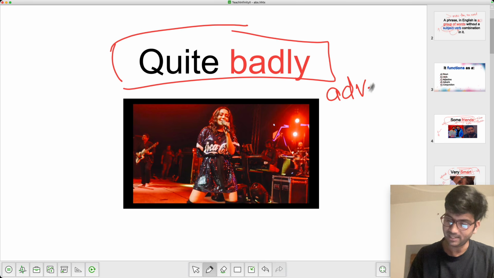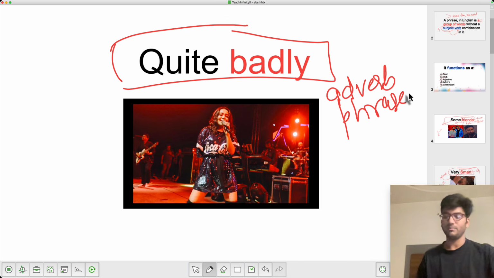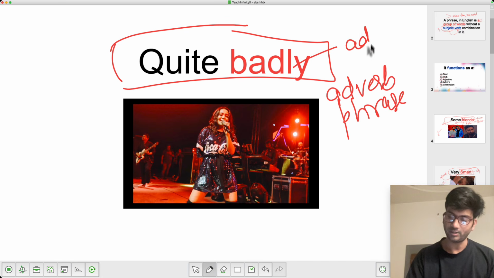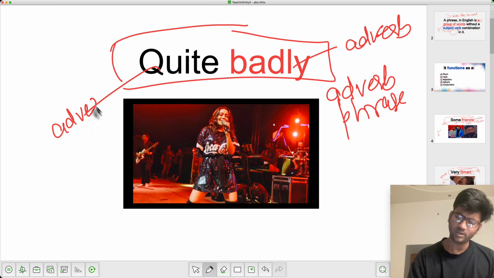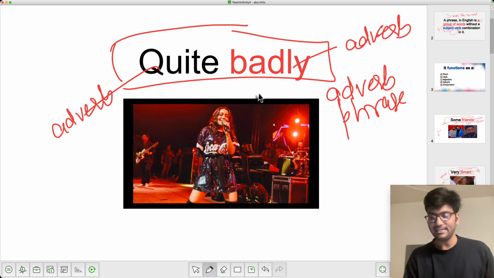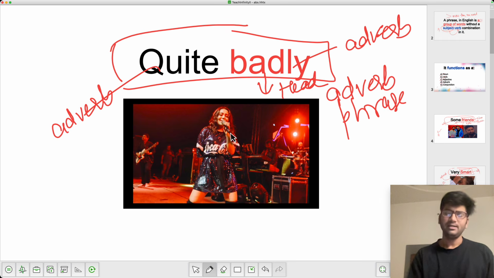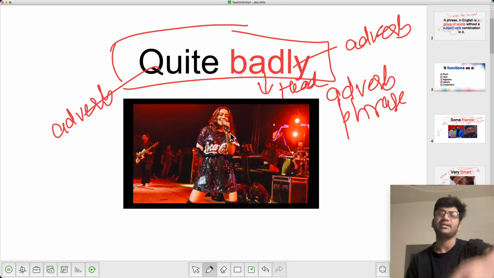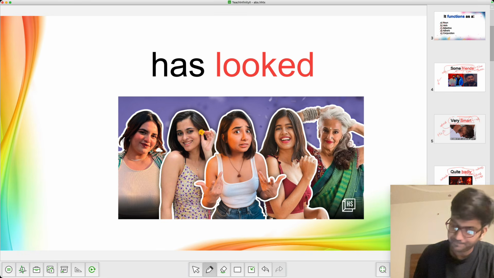It's going to function as an adverb in a sentence. Why? Because badly is an adverb, and quite is also an adverb. Two adverbs. Badly is the head adverb, the main adverb, and quite is quantifying it. How badly? Quite badly.